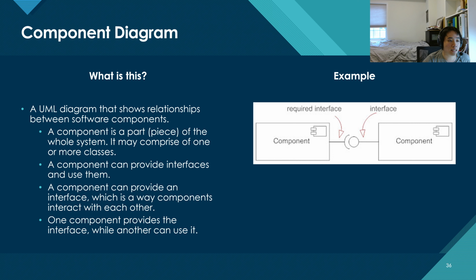The component on the right provides the available interactions. The component on the left is the one that is going to run these operations permitted by the interface. It's like a contract. The right side is the one that gives you the contract, and the left side is the one that signs it and does stuff according to it.